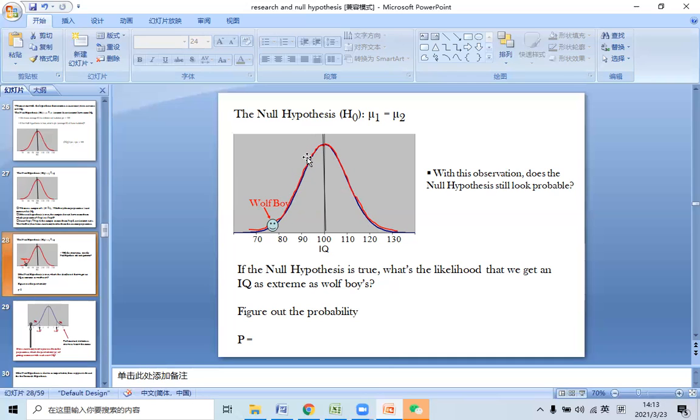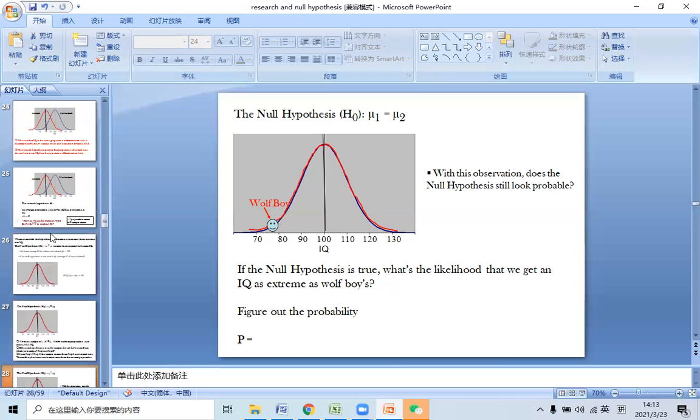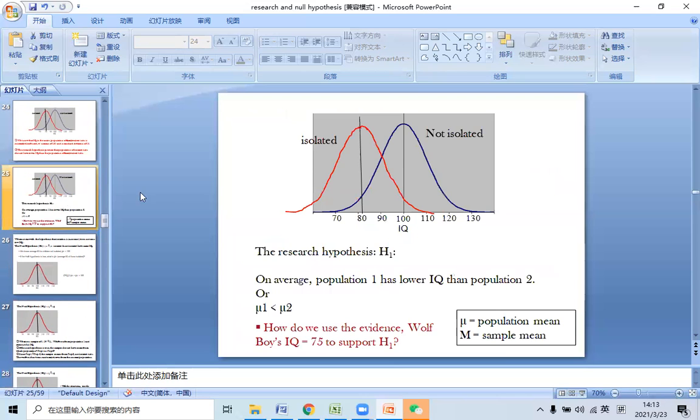The null hypothesis that these two curves overlap, that they have the same mean and same standard deviation, is highly unlikely. And then we probably want to reject the null hypothesis. And if we reject the null hypothesis, we're saying the research hypothesis gets supported. This one looks much better.